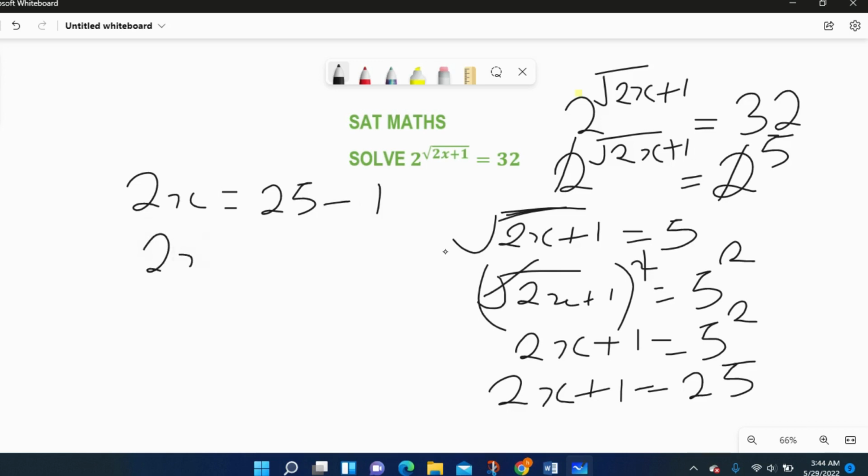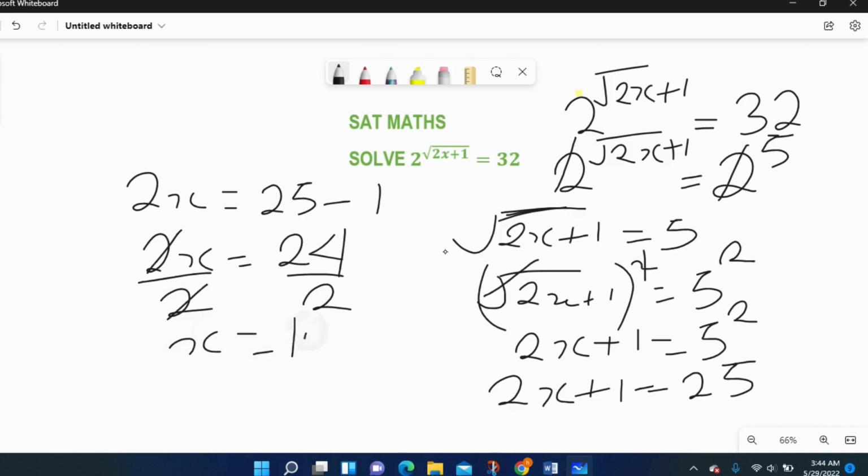So our 2x will be equal to 24. We divide both sides by 2. If you divide both sides by 2, 2 will cut 2, and our x will be equal to 12. Very good. Now you see that the square root power, which looks very frightening, is now reduced to 12.